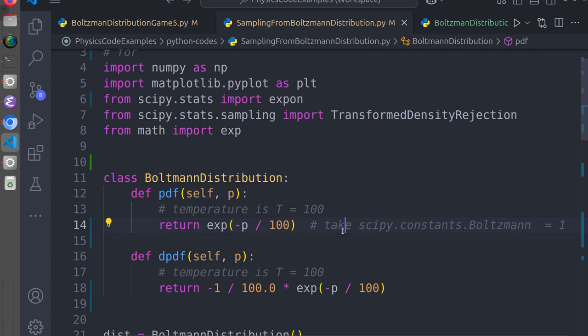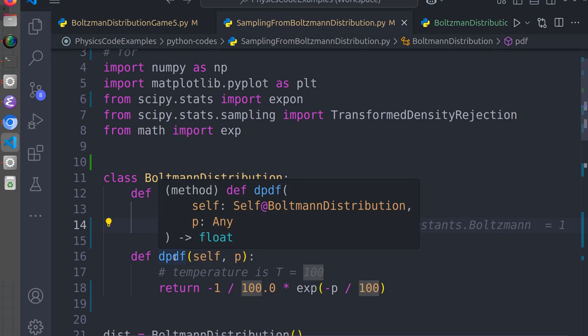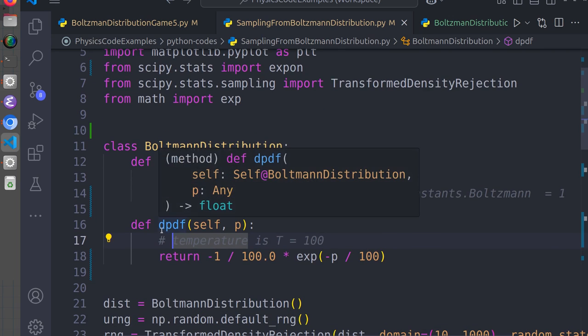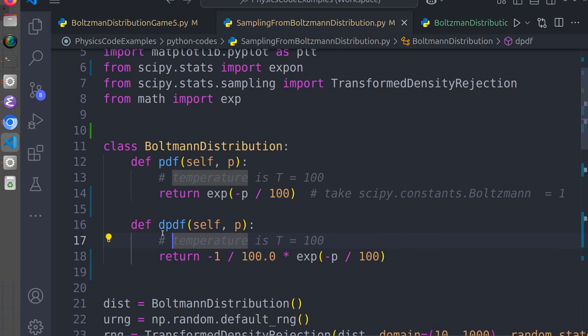Here we take the Boltzmann constant to be equal to 1 for simplicity. Temperature here is 100. You differentiate the probability density function. The reason is we're going to use this transformed density rejection method, which is in scipy.stats sampling.